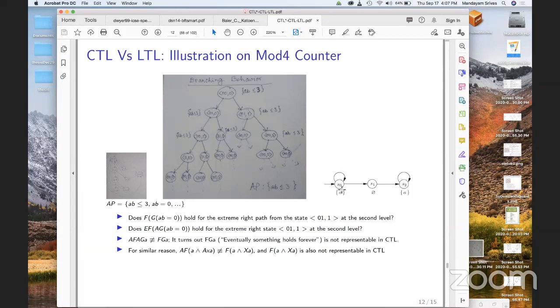For AF to be true on a particular path, every state on that path eventually has to get to a state in which AG of A holds. But the S0 omega path has only the same state, S0, and that state does not satisfy AG of A.